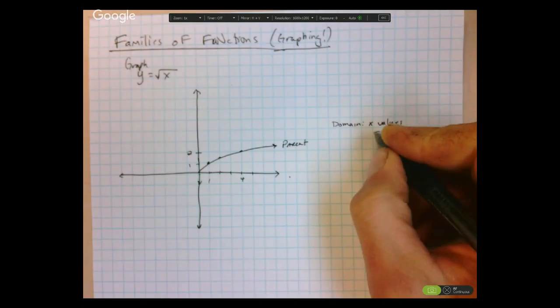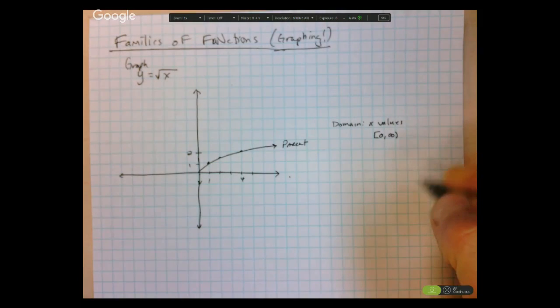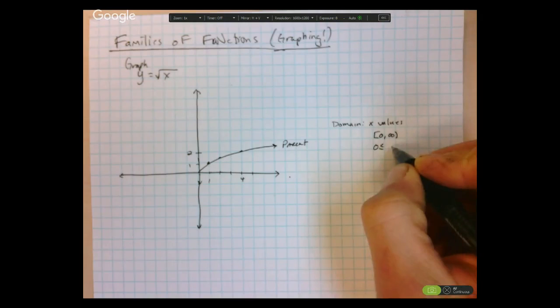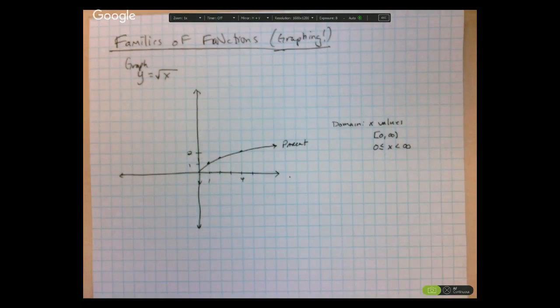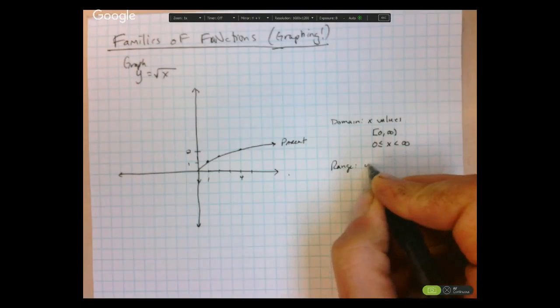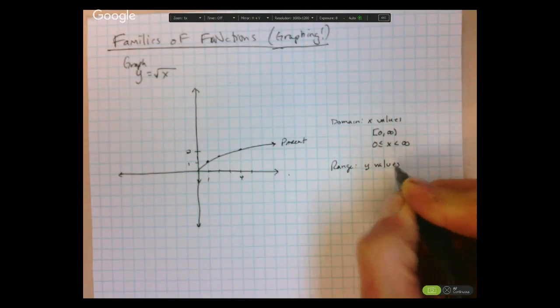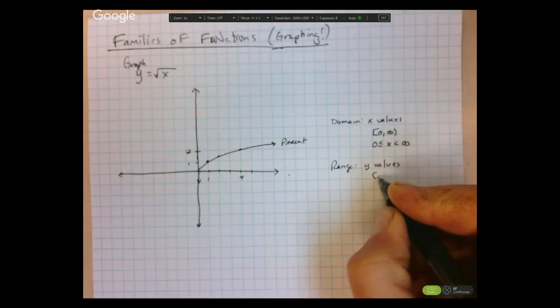So in interval notation, we can also write it in this manner as an inequality. Those are the two most common that you'll see. All right. The range is the y values. Remember, y values again from 0 to infinity.